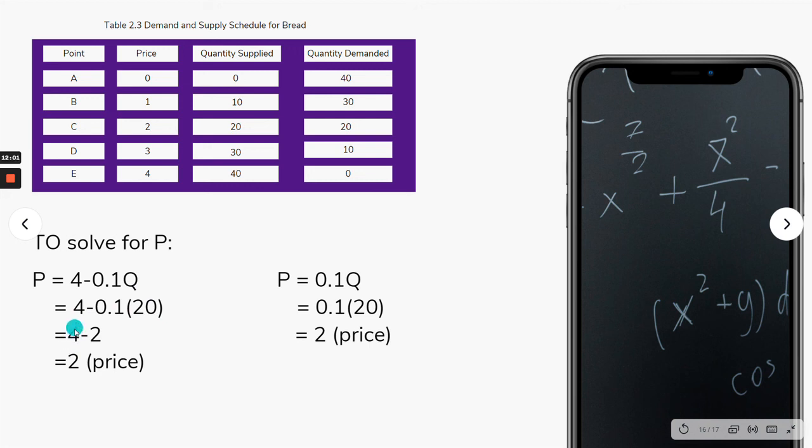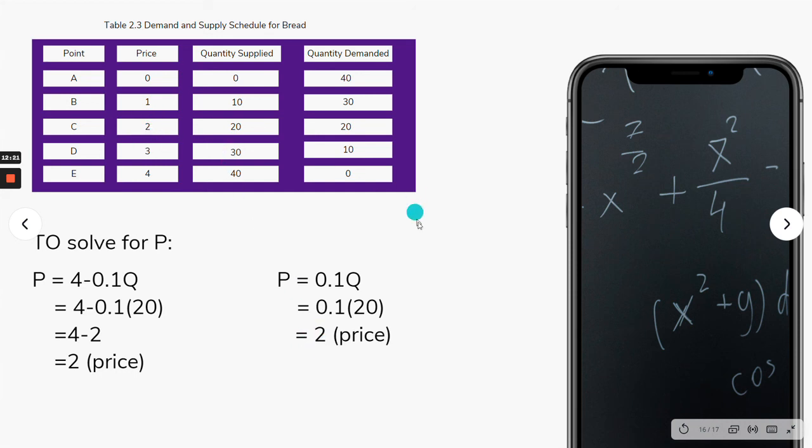So that is equal to 4 minus, multiply that, 2. So the price is 2. On the other equation, P equals 0.1 Q is equal to 0.1 times 20. Therefore, 2 is your price.